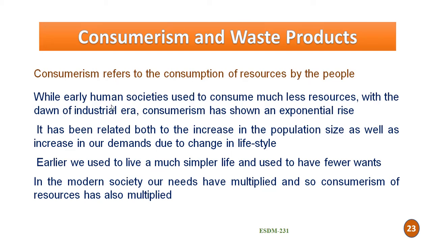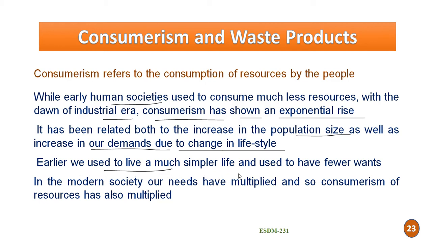While early human society used to consume much fewer resources, with the dawn of the industrial era, consumerism has shown an exponential rise, and it has been related both to an increase in population size as well as an increase in our demand due to the change in lifestyle. Earlier, we used to live a much simpler life and had fewer wants.